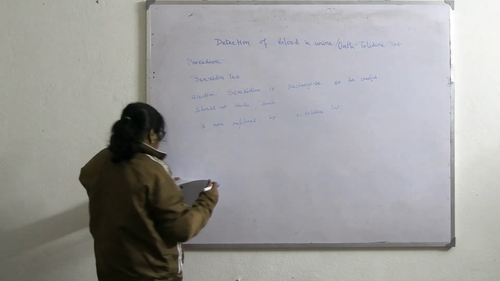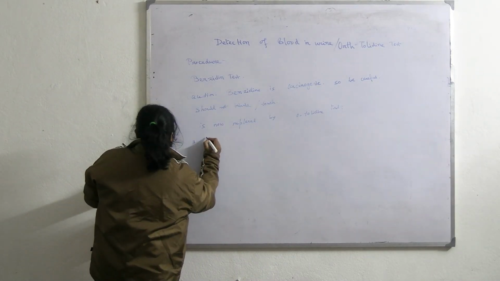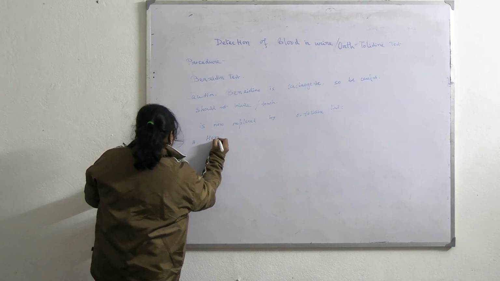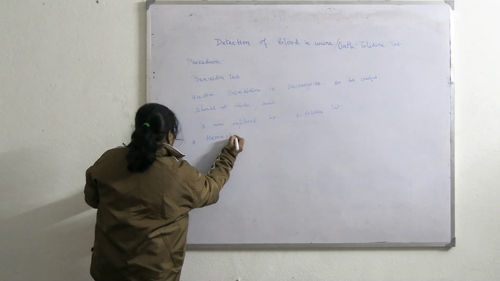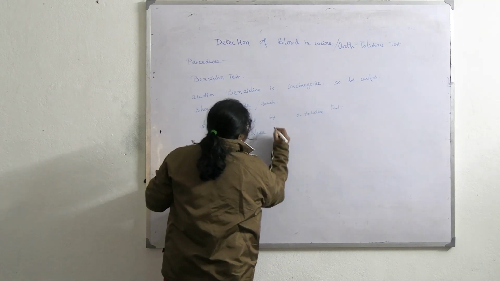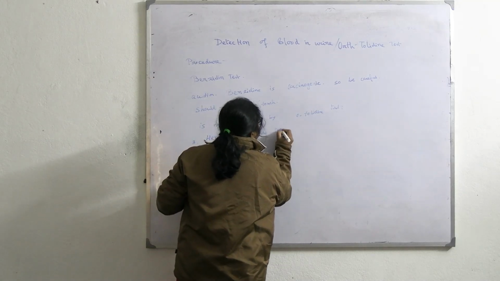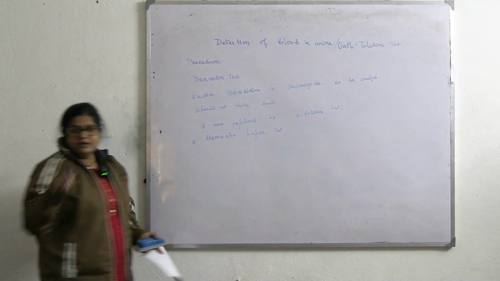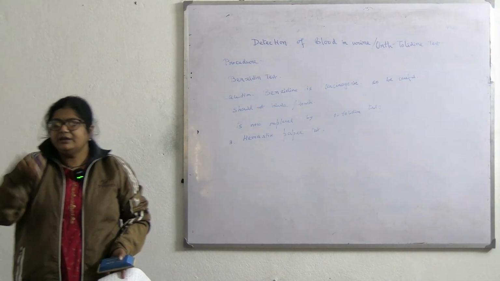Another test is there, it is the bedside test, Hemastix paper test. There is a strip, dip into the urine. If the color changes, that means blood is present.